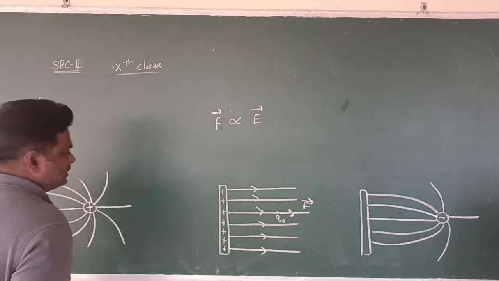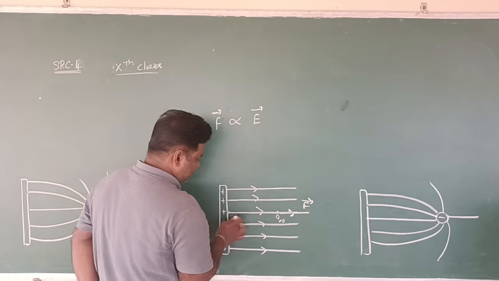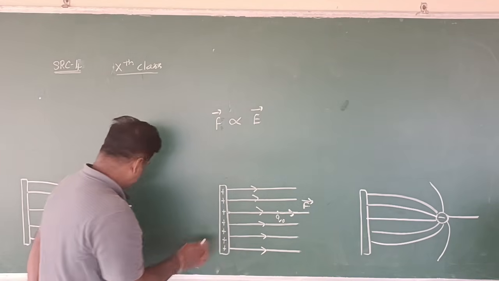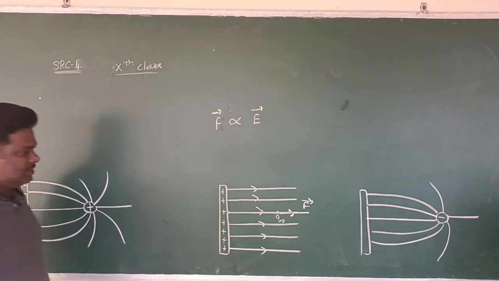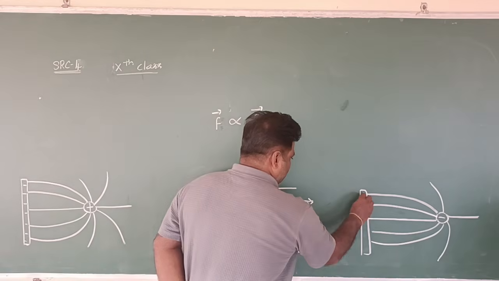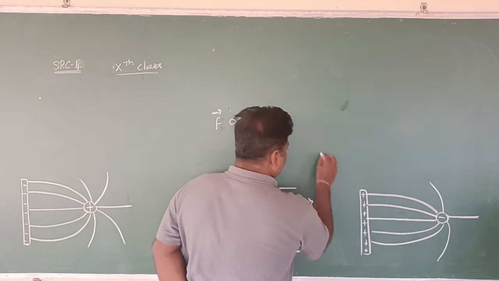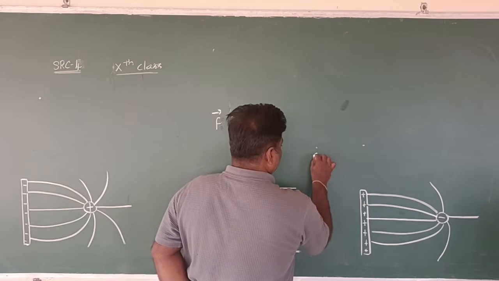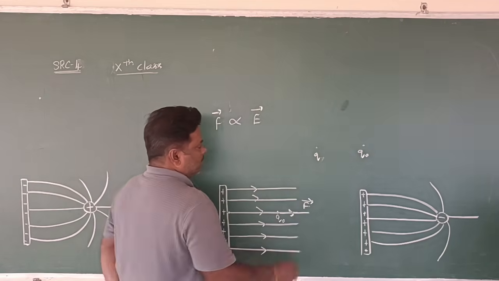And how do these forces get calculated? Once you want to calculate the force between these two, or from here to this, if it is a negatively charged body or a positively charged body, how to calculate? Or between two point charges Q1 and Q0, how?